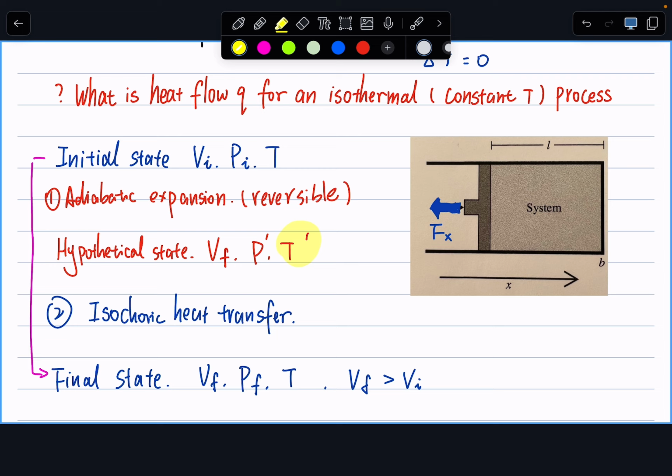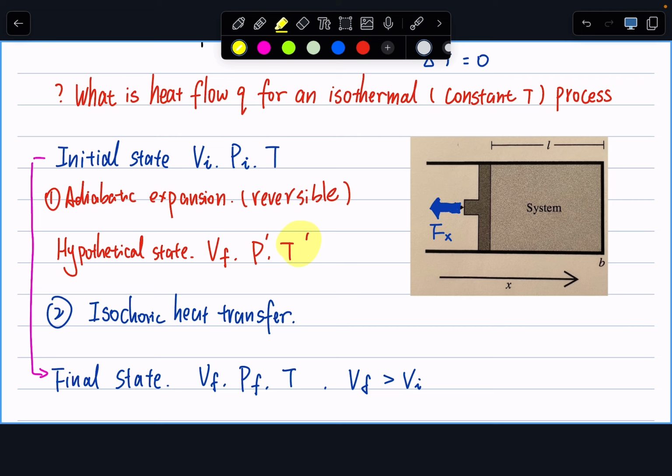So for 1 plus 2, overall delta T is 0, so my delta U equals 0. And for my second part, W is 0, so whatever the heat transfer takes place in the second hypothetical state to final state must equal the negative of the work that's being done in the first part.